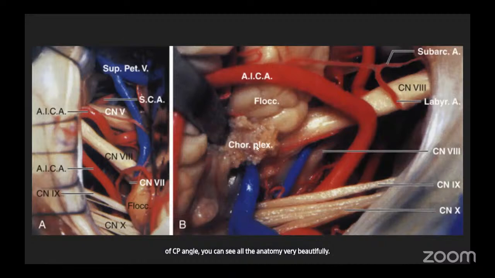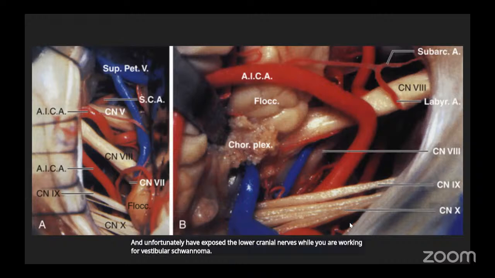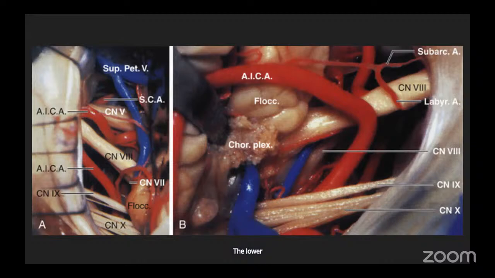Choroid plexus, I would like to mention, is not going to be visible if you're going for a retrosigmoid approach, vestibular schwannoma surgery, because this is going to be slightly inferior. Our target is not here. We are not going to retract this region. If you are retracting and unfortunately have exposed the lower cranial nerves while you are working for vestibular schwannoma, the lower cranial nerves are very unforgiving in terms of post-op deficit.